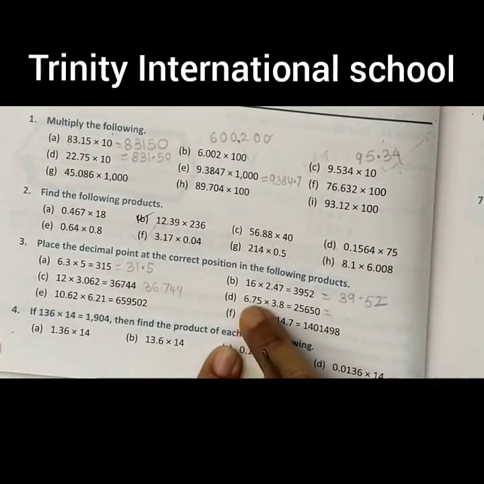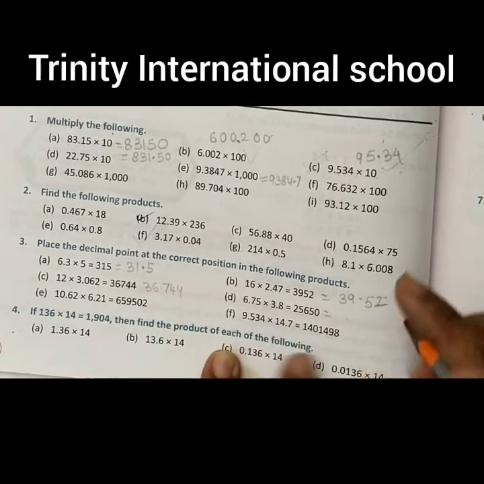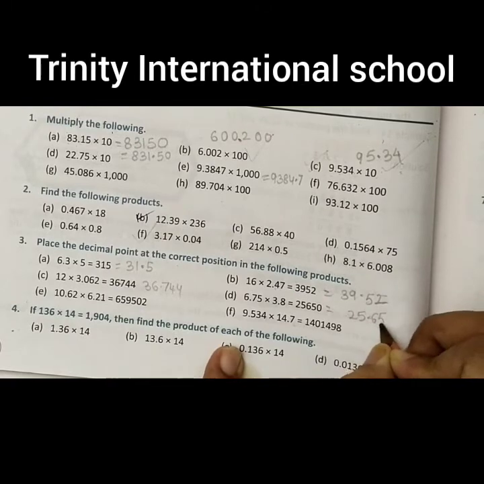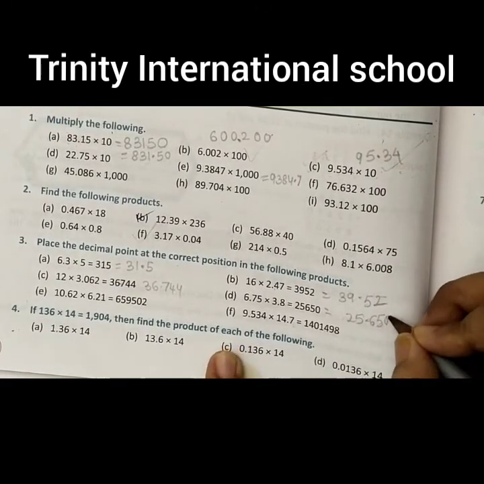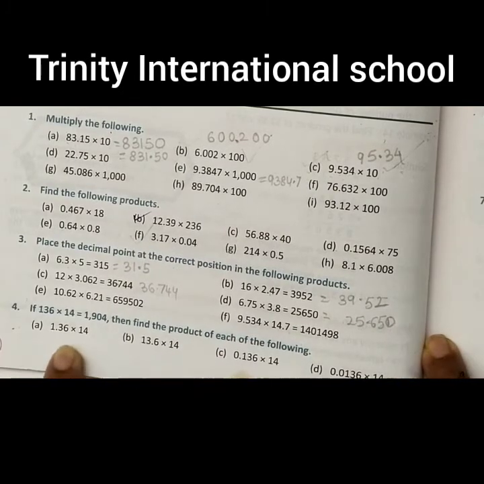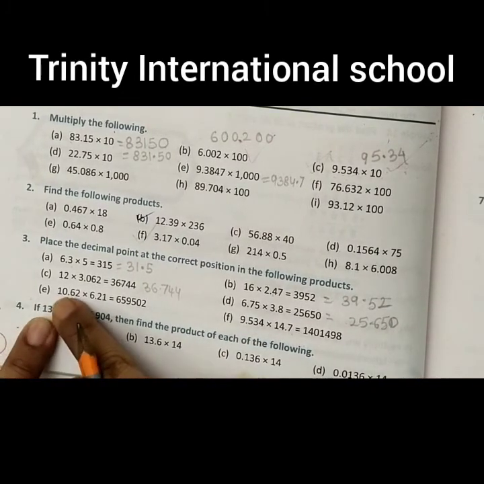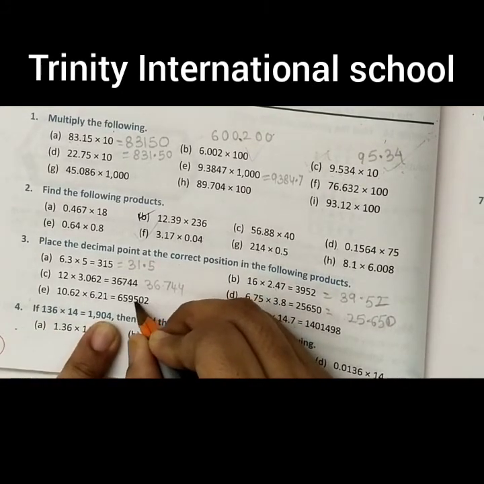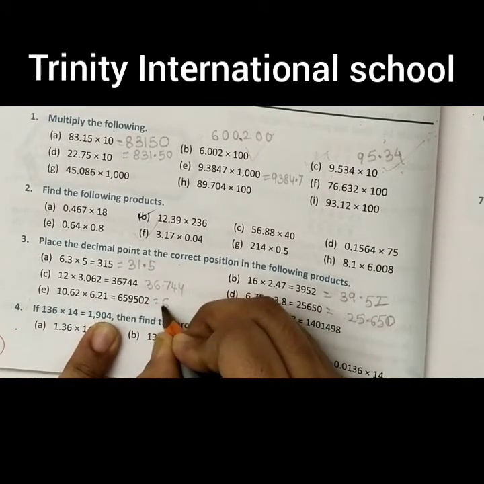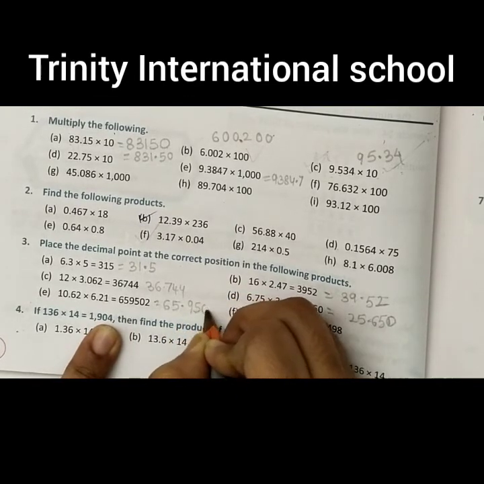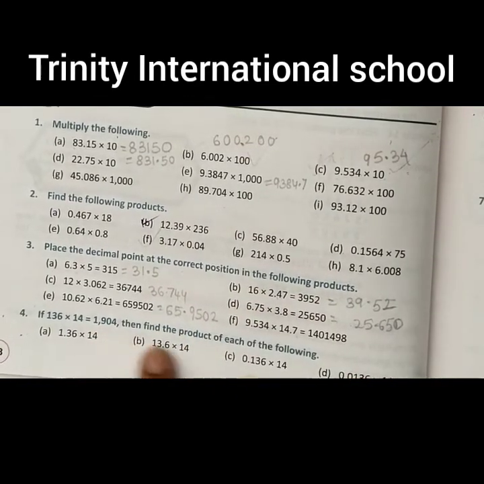Here 1 2 3, so after 3, so your answer will be this much, 25.650. Then here 1 2 3 4, so your answer will be 65.9502.